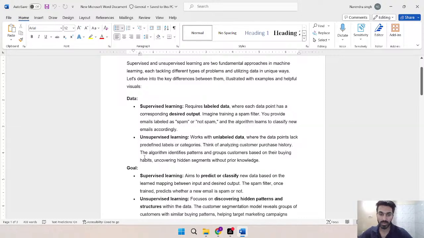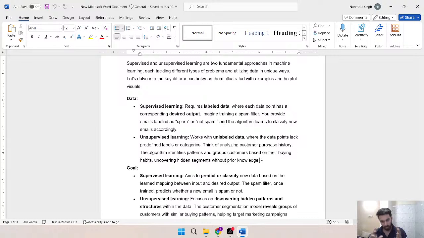Think of analyzing customer purchase history. The algorithm identifies patterns and groups customers based on buying habits. Basically in unsupervised learning there is an algorithm called the apriori algorithm. Here you don't have labeled data. In the past, customers have bought peanut butter and jam, and some other customers bought peanut butter and biscuit, something like that.